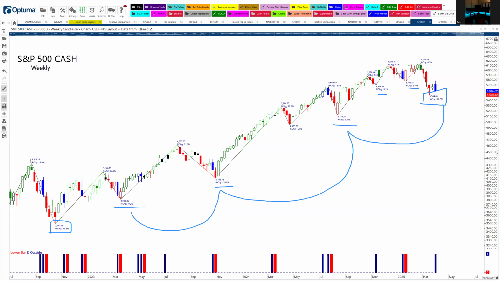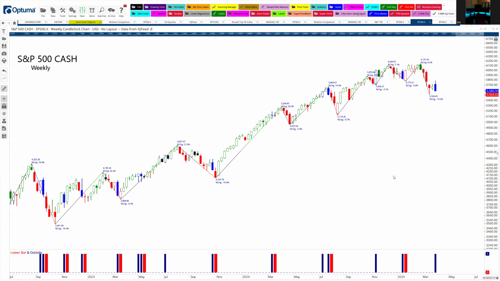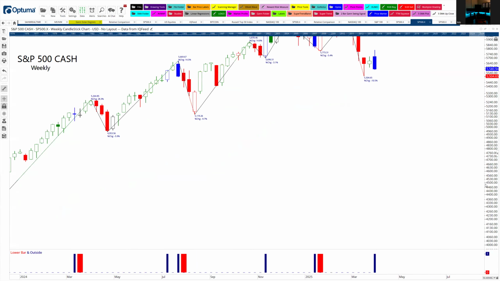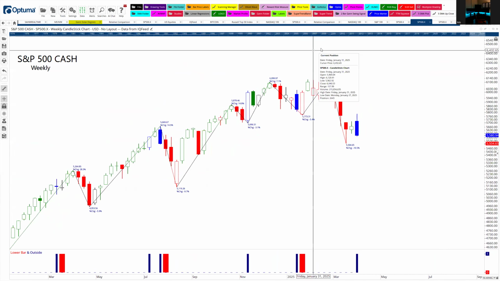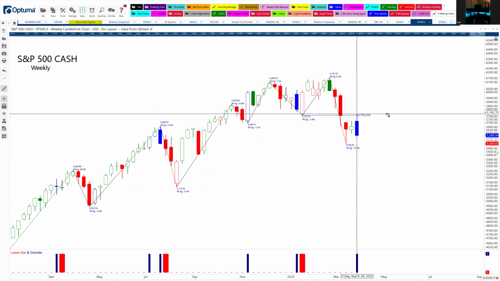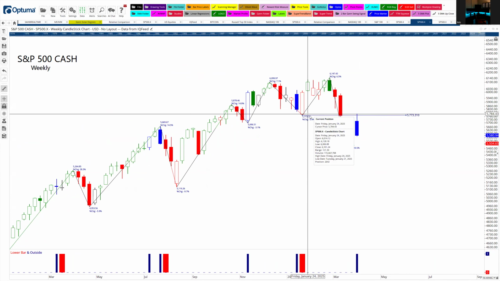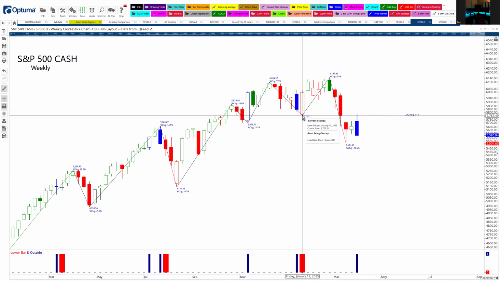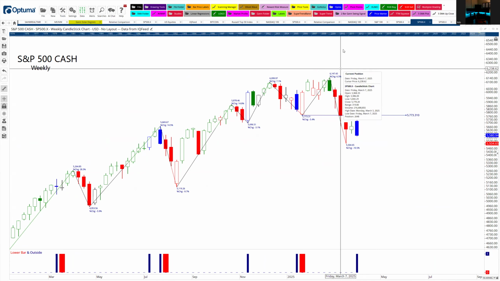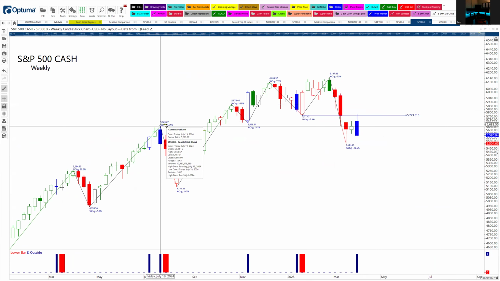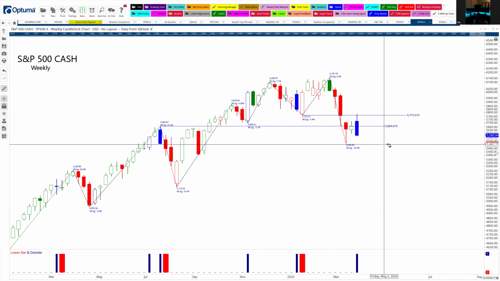So if you just want to lay out your simple way, the levels of whatever you wanted to do, here's your resistance at this prior swing low. See, that's exactly where the price just backed off this week. This is your support.